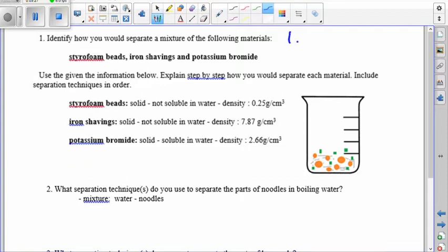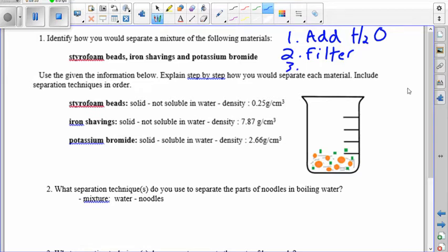I'd probably add H2O, which will then dissolve your potassium bromide. So then you went with filter? Yeah. Okay. And then I use a centrifuge to do the other two because they have different densities. Okay.